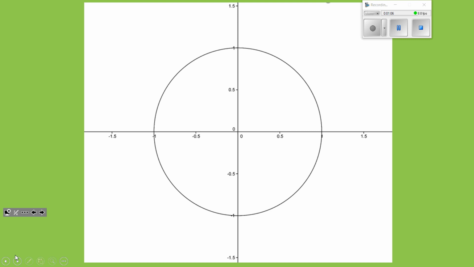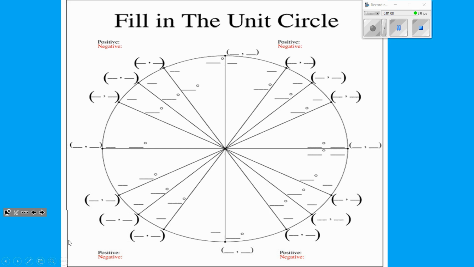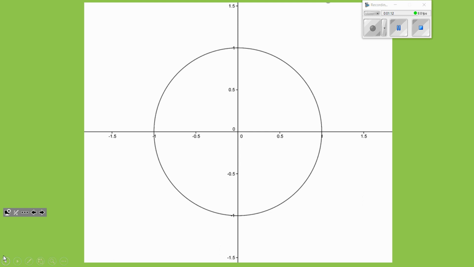So when we talk about the unit circle, definition, let me go back. Definition of the unit circle is x squared, if I can get something to write, you can just draw a circle. You don't have to draw the dimensions.